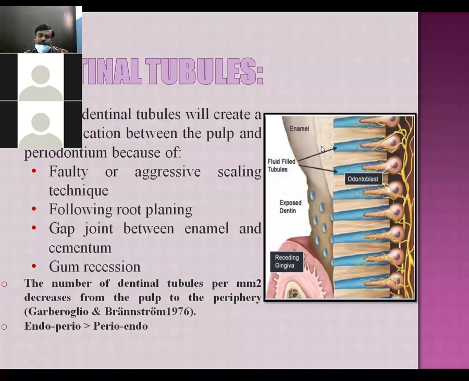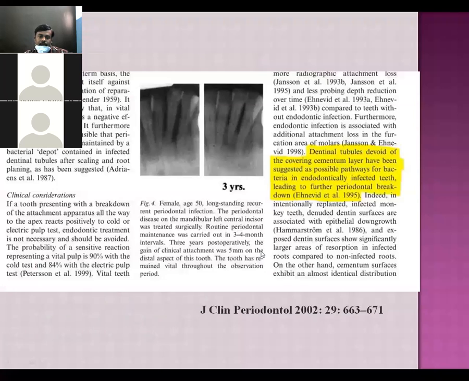So these open dentinal tubules act as a communication between the pulp and periodontal tissues. So there is a chance of spread of infection from periodontal tissue to pulp, or from pulp to periodontal tissues.